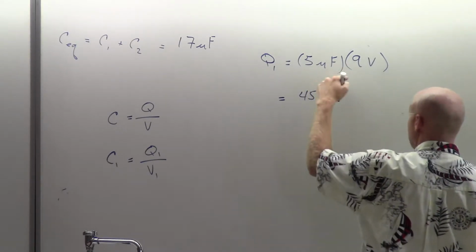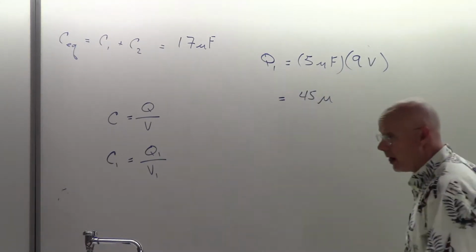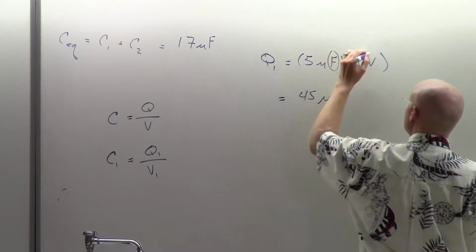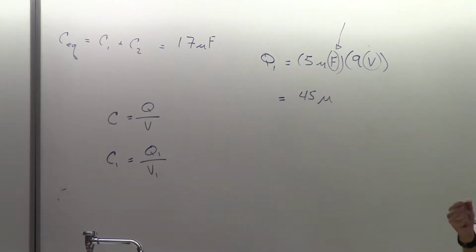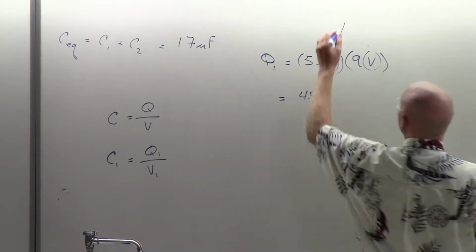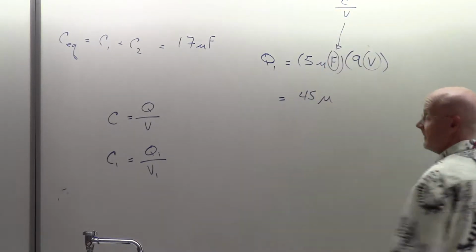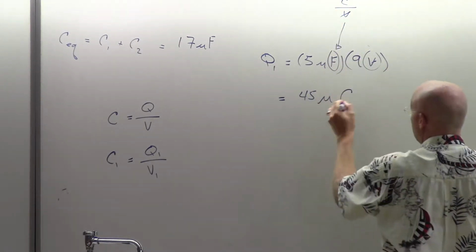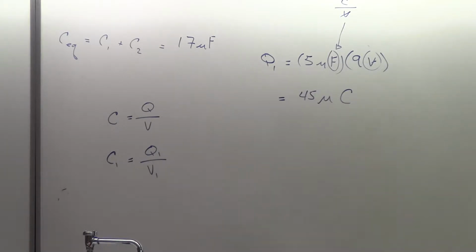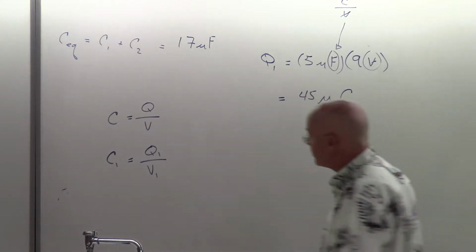A micro times anything is still a micro. But maybe worth pointing to the units. What did we say was a farad again? Okay, yeah. Coulombs per volt. And so this volt would cancel with that volt, and you've got coulombs. So 45 microcoulombs is the answer to the first one.